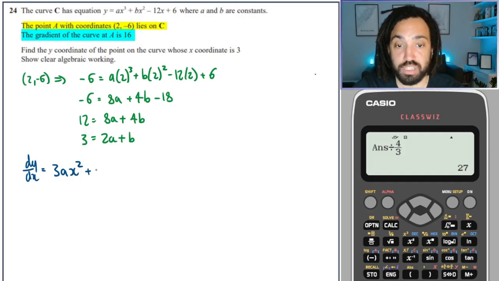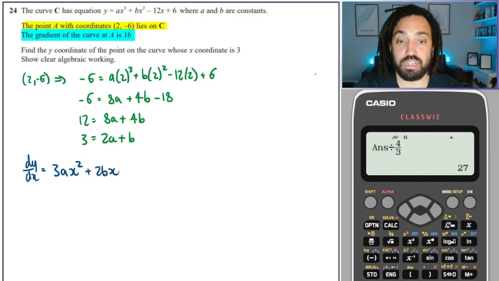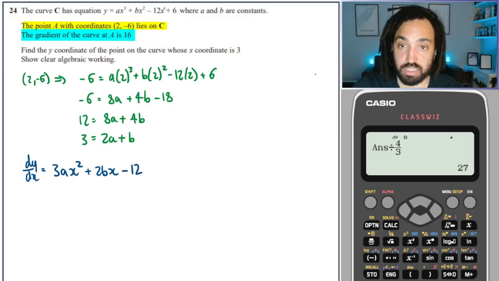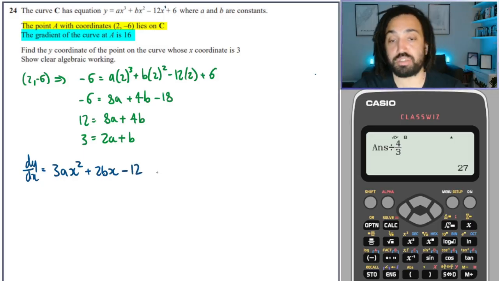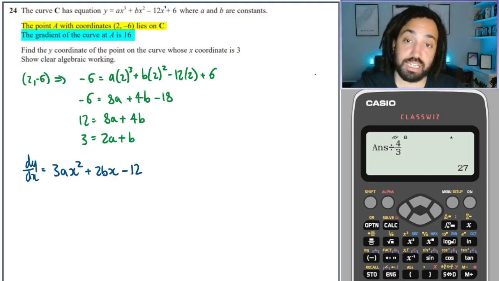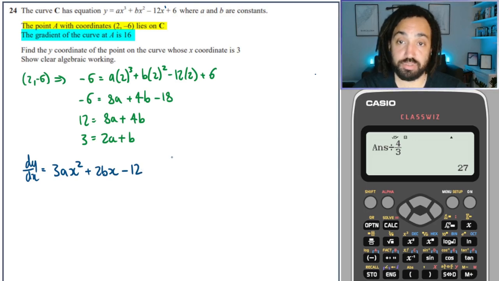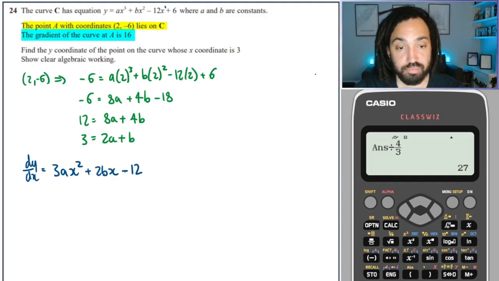The next one will be 2b, drop the power down by 1, is x to the 1. And then this one is a 1 power here, so times by minus 12 is minus 12. Drop the power down, x to the 0 is 1, so we don't need to write it. And any constant differentiates to 0. So the 6 differentiates to 0, and we are good.